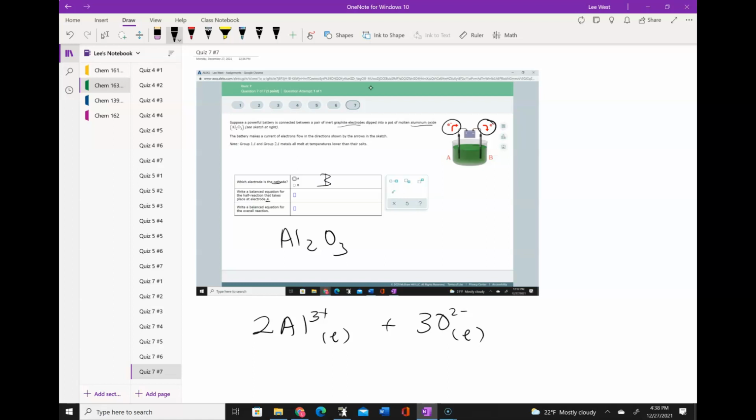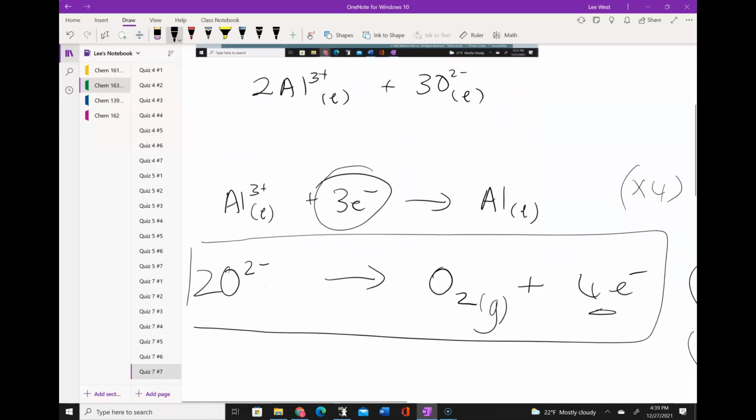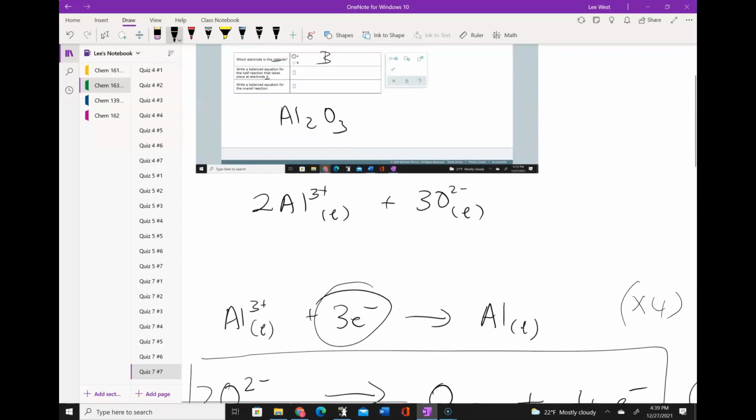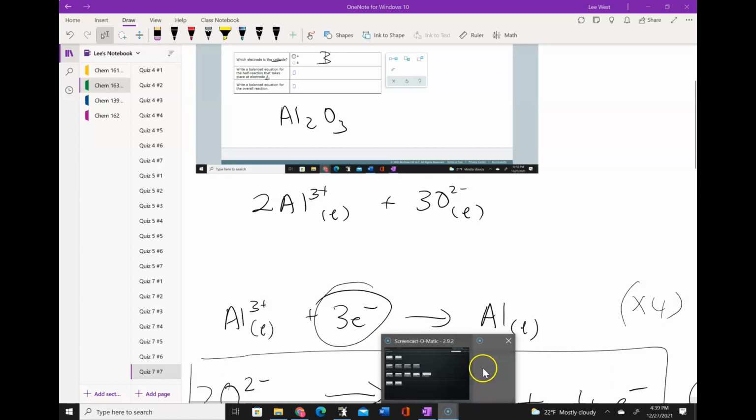It's B. Right, a balanced half reaction that takes place at electrode A. We did that down there. And then this is write a balanced equation for the overall reaction. We had to add together the two half reactions. So that worked out pretty good. All right. Let's see where we're at.